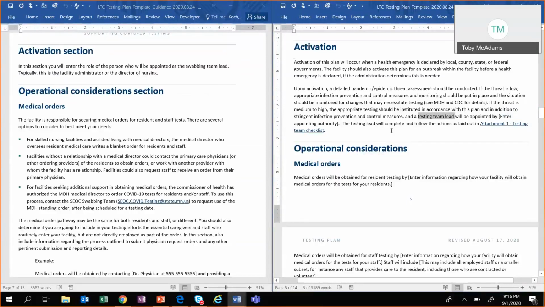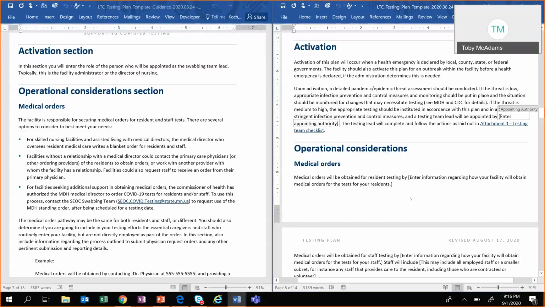So what I would recommend is that, as it says in the guidance, this typically is your facility administrator or a director of nursing. So I would put in facility administrator and leave the position title as part of your entry here, because we know of a high level of staff turnover.